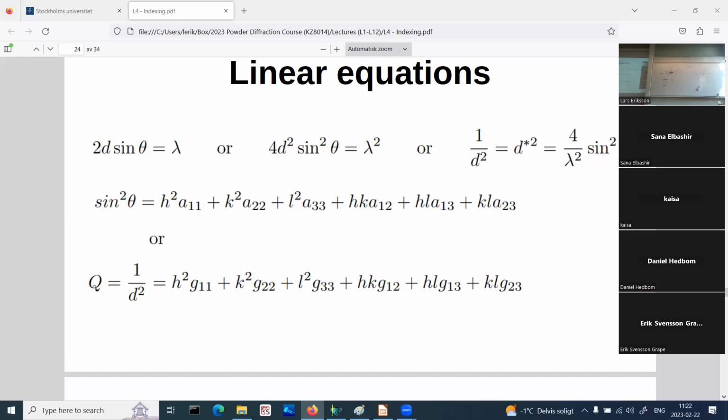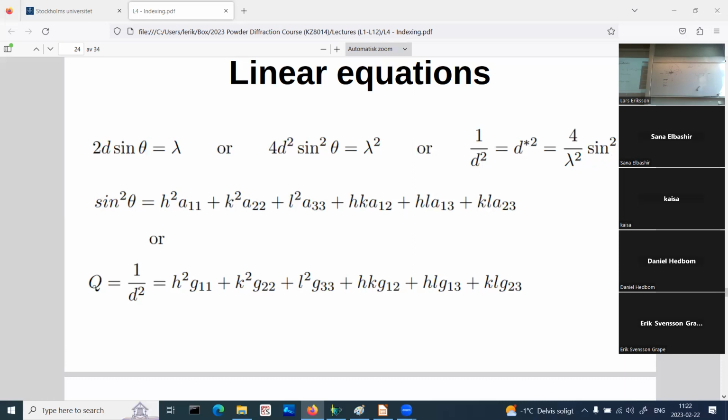So divide 2 theta by 2, take the sine and square it. But it's also related to the wavelength, or I should say D star is the distance in the structure and can't be dependent on the wavelength. On the other hand, the scattering angle is dependent on the wavelength.